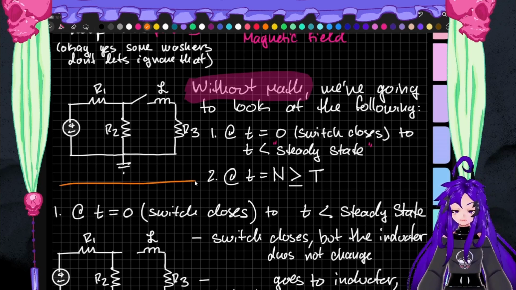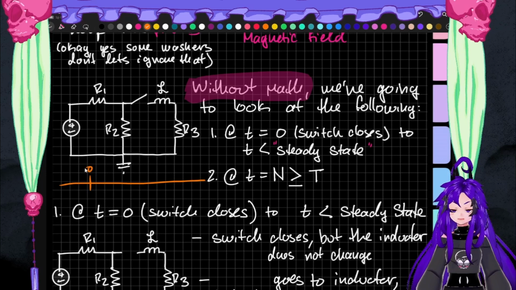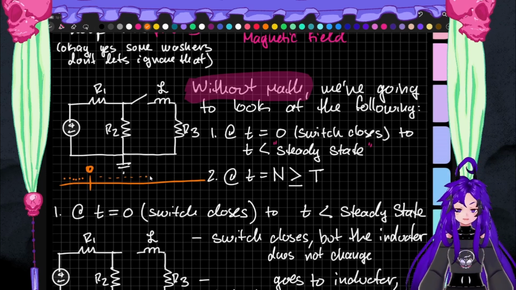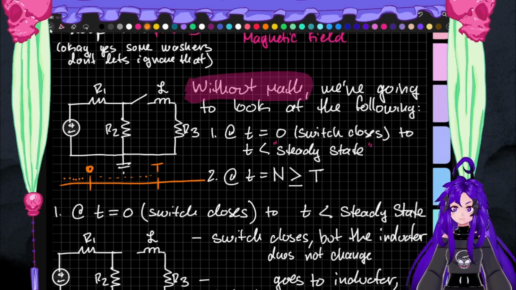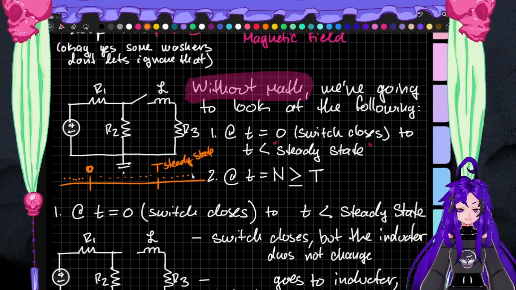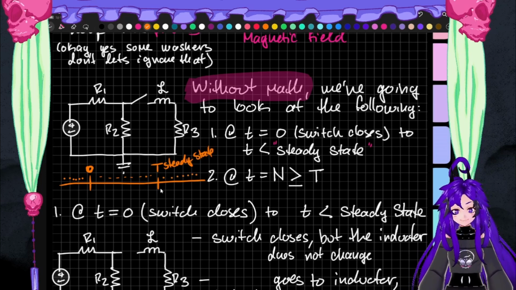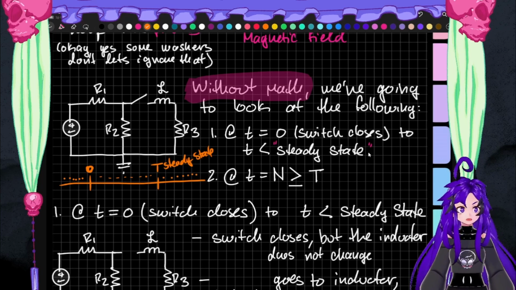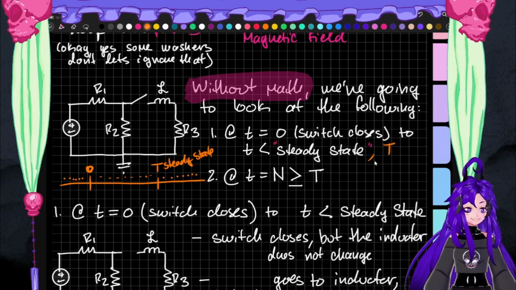A little weird, right? We got our timeline. We've got everything before 0. We've got everything up to t, which we're going to call steady state. And then we got everything after that, including and after that. So this was supposed to say comma t.